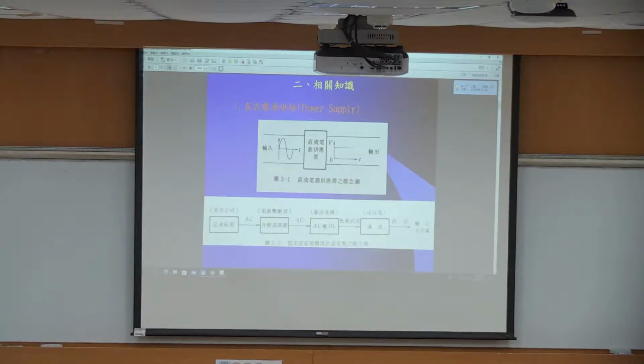The DC source after we input it into the circuits is not very stable. It has some ripple, so we have to use some voltage regulation to let the ripple become a stable DC source, and we can output it into the load resistance.